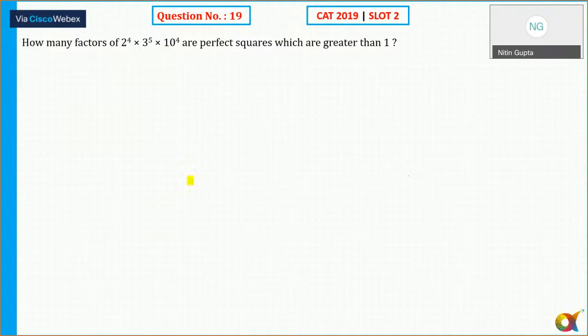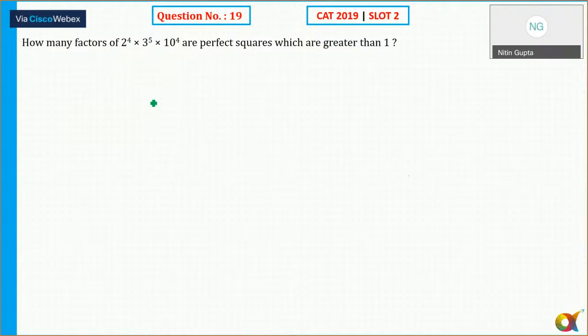So, question number 19 here. In question number 19, we'll see how many factors are perfect squares which are greater than 1. So, how is a perfect square formed? I can say 2 to the power 0 is a square, and 2 to the power 2 is 4, it's a perfect square. 3 to the power 0, 2, 4. We have to factorize, guys, isn't it?